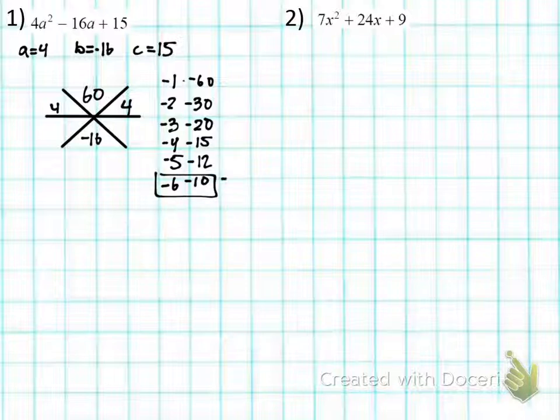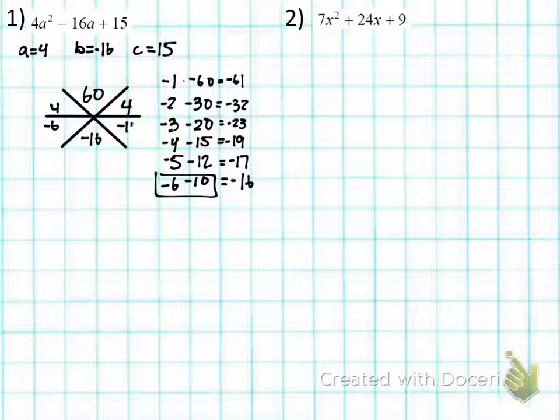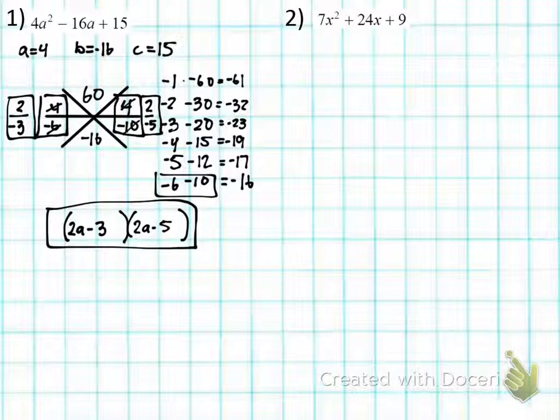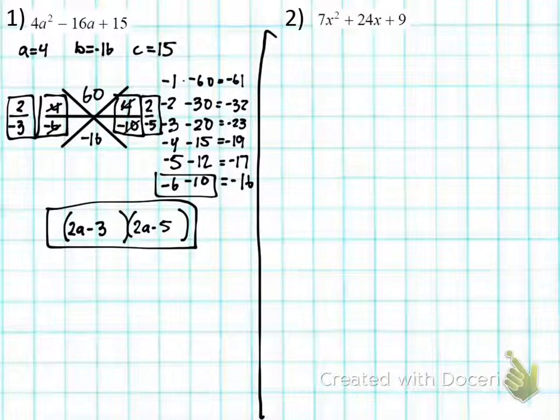And I notice that negative 6 and negative 10 is equal to negative 16. All these other ones add up to something else, so we can't use any of the other values. So I'm going to put negative 6 and negative 10 down, and I'm going to box them and then simplify these fractions. I'm noticing the first one's 2 over negative 3, and the other one's 2 over negative 5. And then these are my factors, okay, are the coefficients. Does that make sense so far? Okay, so that's number 1. Okay, let me do number 2 now.